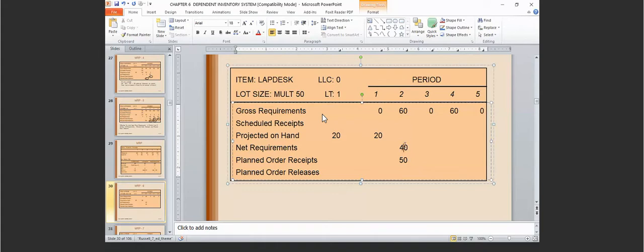And let's say if the net requirement here is 60 unit, so the planned order receipt quantity for period 2 must be double, so here will be 100 unit, must be double of 50 unit. Okay, so we have here 50 unit.